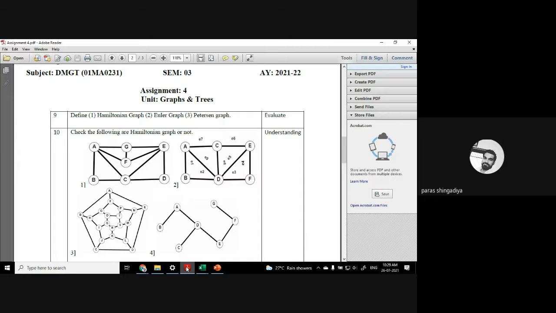Yes, how many of you have checked it? Raj, Krishna, Achyut, Jayesh. Is it Hamiltonian?